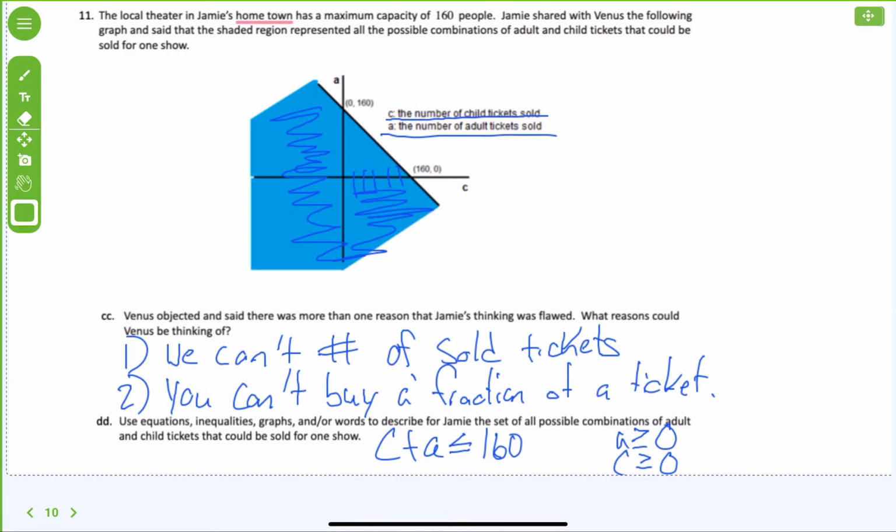Could you sell 160 children's tickets and 0 adult tickets? Theoretically, yes, but we ain't going to put 160 kids in a theater with no adults. All right, so no, we wouldn't do that. But yes, theoretically, according to this problem, we could do that. Okay? That would work.